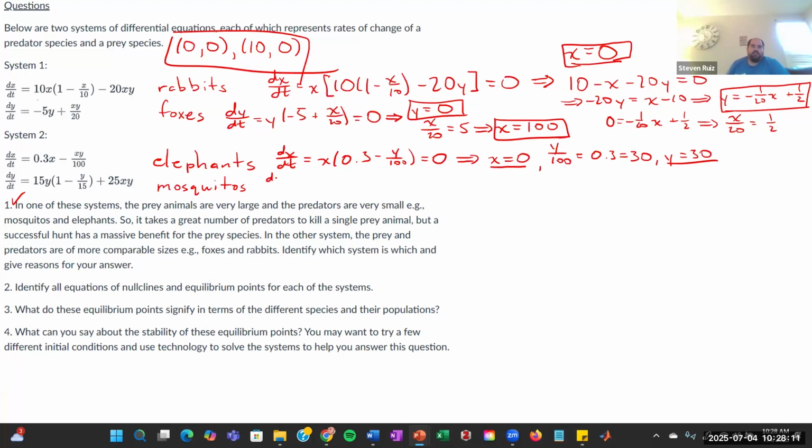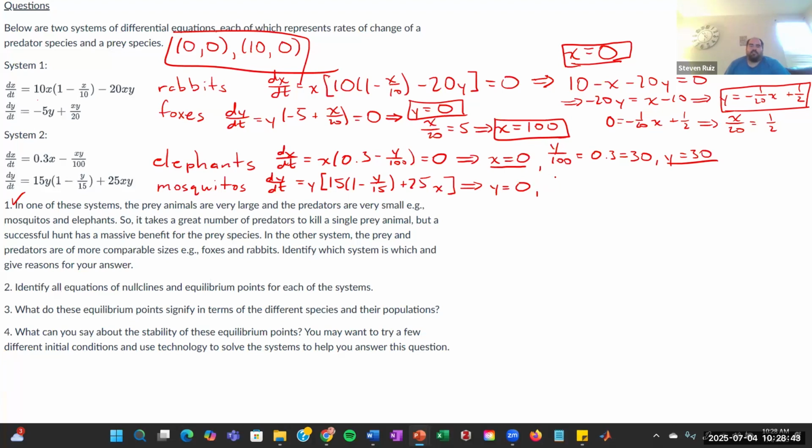In the second equation, I can factor out a y. If I factor out a y, what's left is 15 times 1 minus y over 15 plus 25x. So here I get the elephant extinction case, where y equals 0, I'll have a null line, but what else will I have?